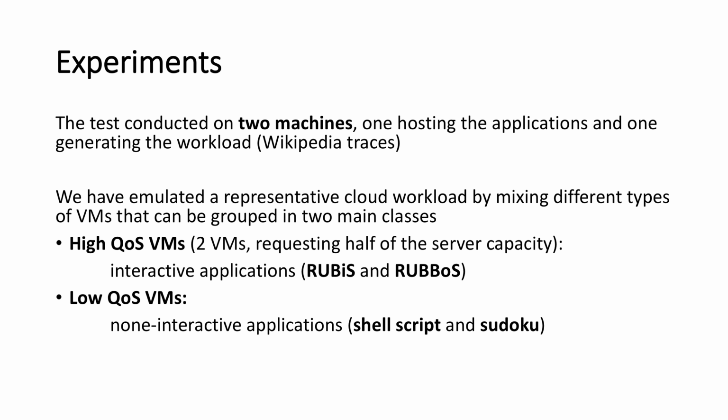KVM was used as a hypervisor and each application was deployed inside a VM. The second machine is a 4-core desktop with 16 GB of memory. As regards the workload, a number of queries have been generated using information extracted from different days of the Wikipedia traces.